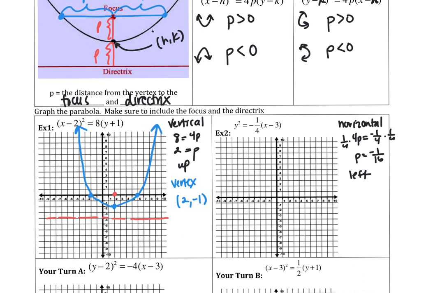All right, let's find out where our center or our vertex is located. Our vertex is at 3, 0. So 3 over, 0 up. Okay, this can be a little tricky because 1/16 is very small. This is opening to the left, therefore I know I'm going to be facing this direction.